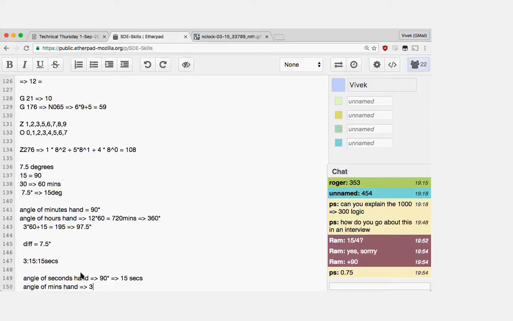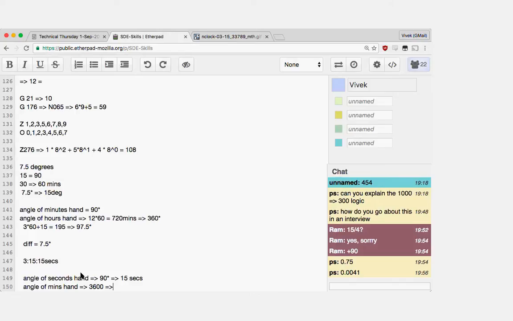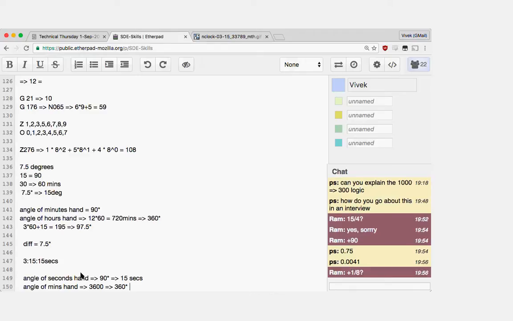In 3,600 seconds, it moves 360 degrees, correct? So 1/10 of a degree per second, that is correct. So in 915 seconds, the minute hand would have moved 91.5 degrees. This is the minute hand.